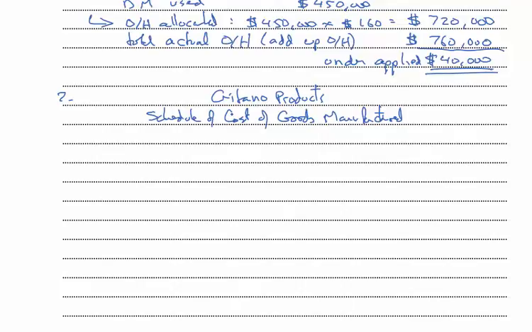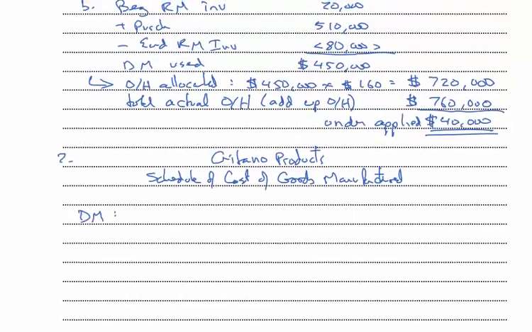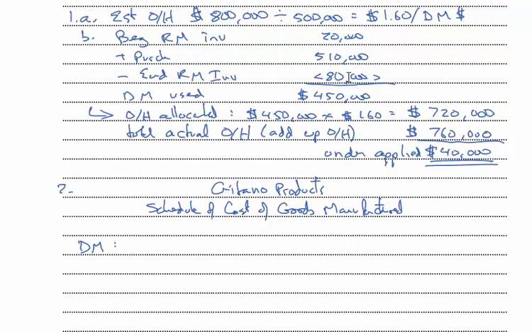Schedule of cost of goods manufactured for the year ended, we don't know. Okay, so we'll leave that blank. Direct materials, well, we kind of already did that calculation above. So I'm just going to take that information and bring it down here. Actually, no, that's cheating a little bit too much here.